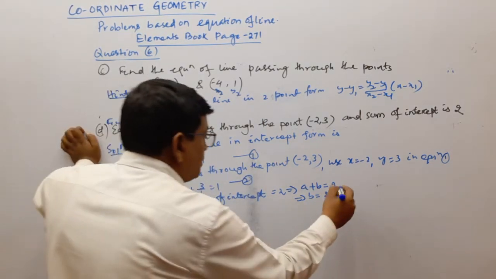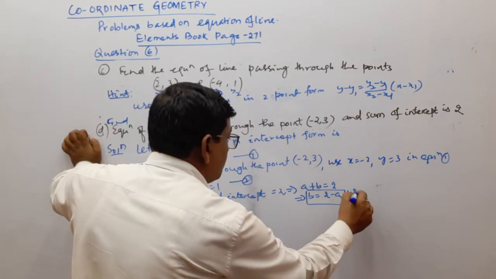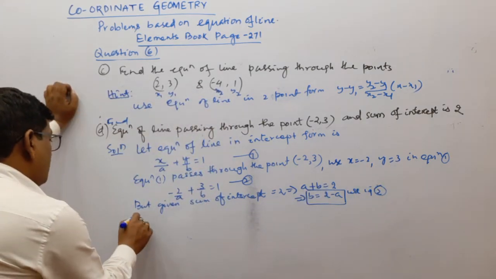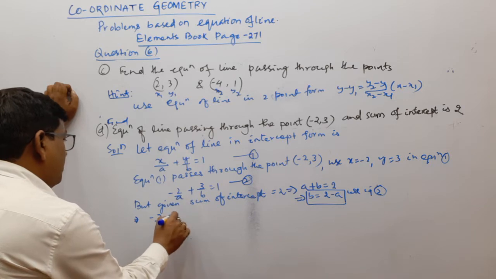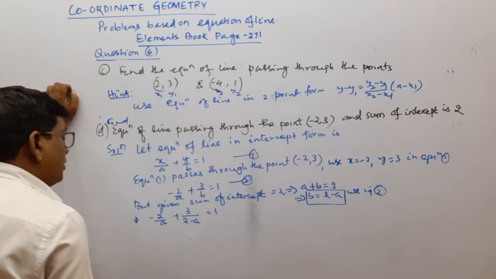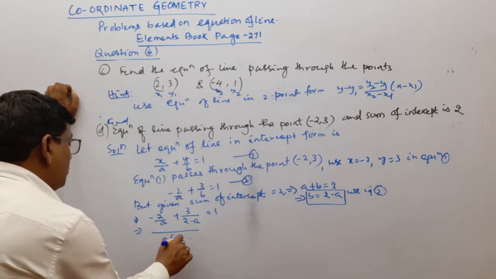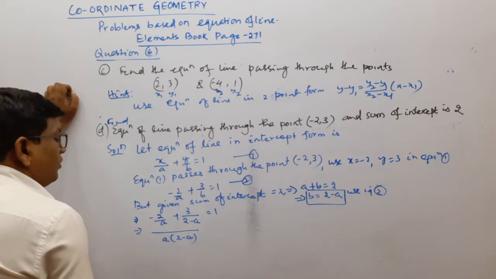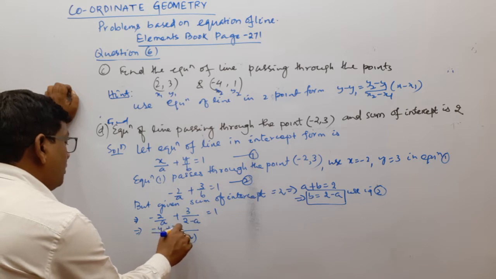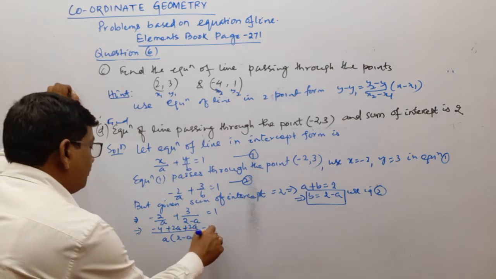Now use this in equation 2. Minus 2 by a plus 3 by (2 minus a) is equal to 1. Now simplify this. LCM is a into (2 minus a), that is minus 4 plus 2a plus 3a is equal to 1.